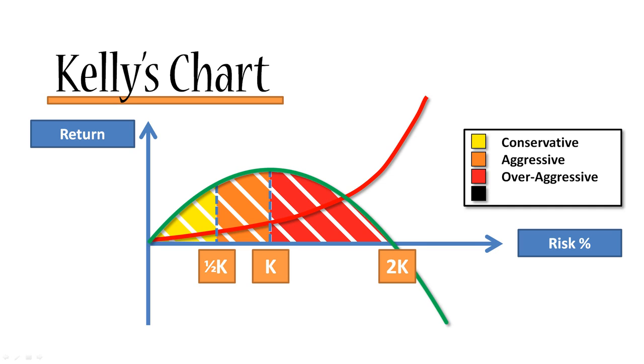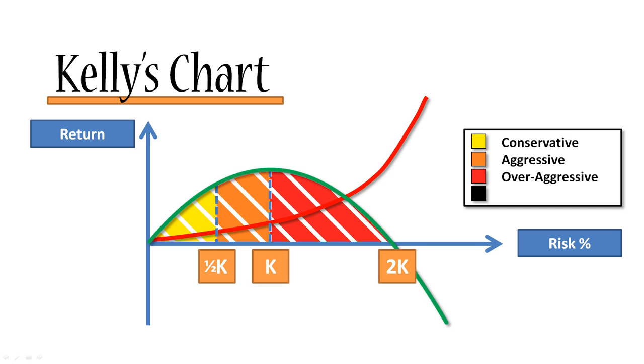More importantly, there is no need to be that aggressive in your risk taking, because for any outcome in the red segment, there is a matching outcome in the yellow or orange segment. As you can see, the return, the green line here, goes up towards the Kelly and then drops off. That means that wherever you pick a point between Kelly and 2 Kelly, there will be a matching point between 0 and Kelly that will give you exactly the same return with lower risk.